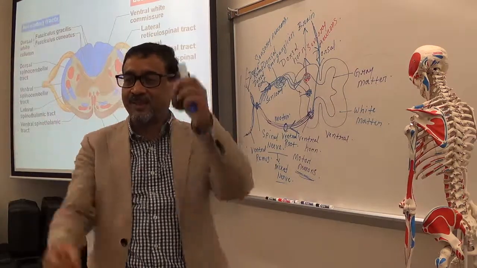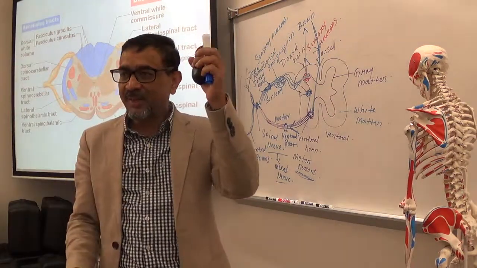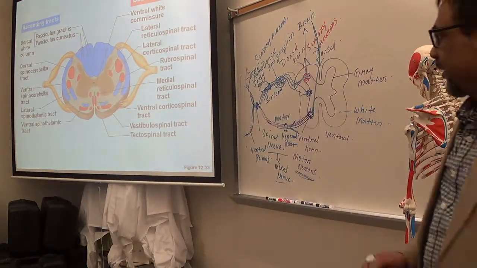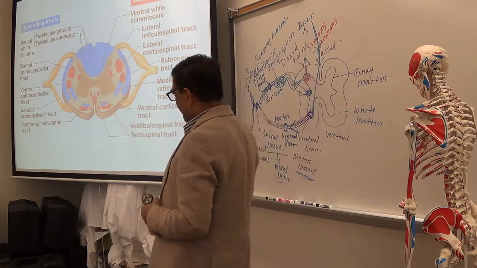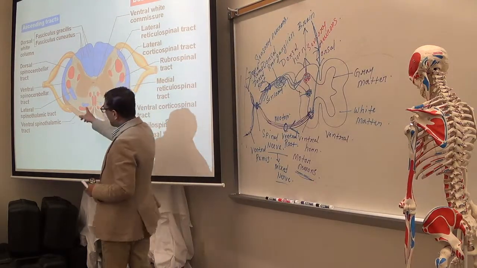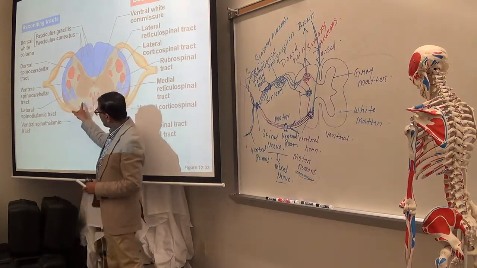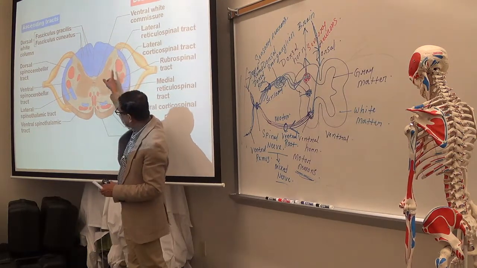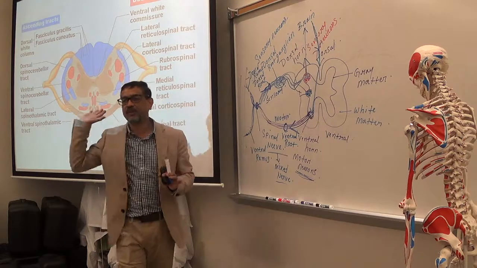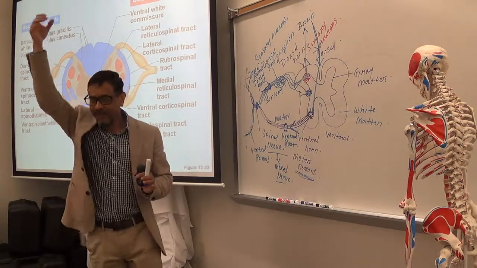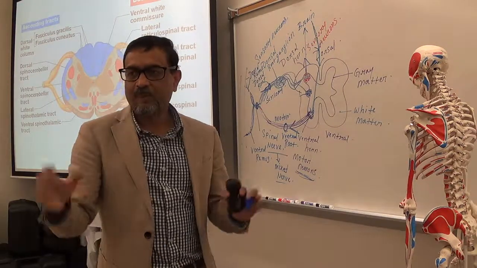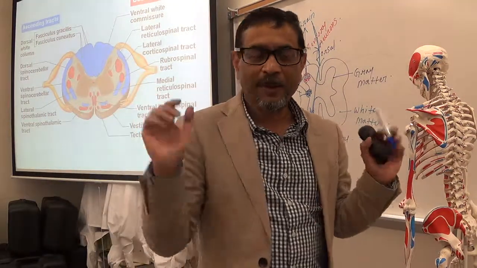You remember I said ascending and descending tracts? Those are located in the white matter. Ascending tracts are sensory, shown by blue color here, and descending tracts are motor, shown by red color. That's why you see two colors. Ascending are sensory, descending are what? Motor. Is it clear?